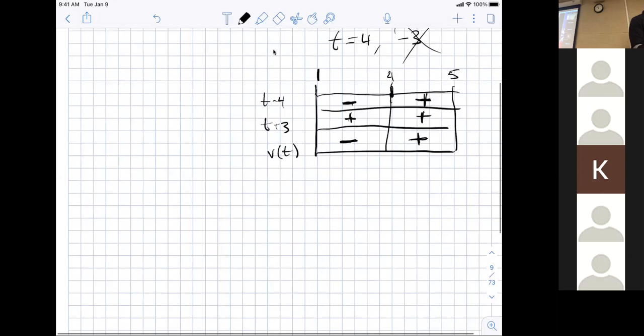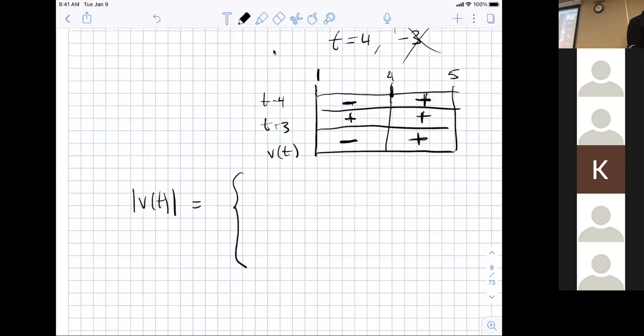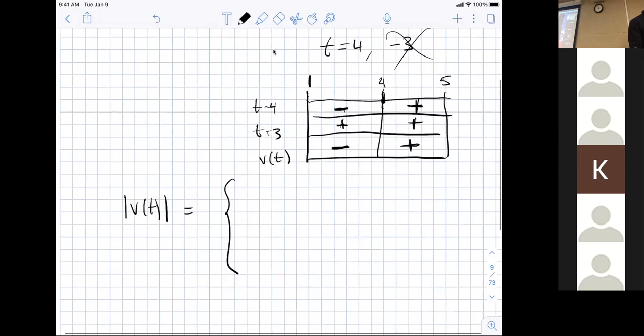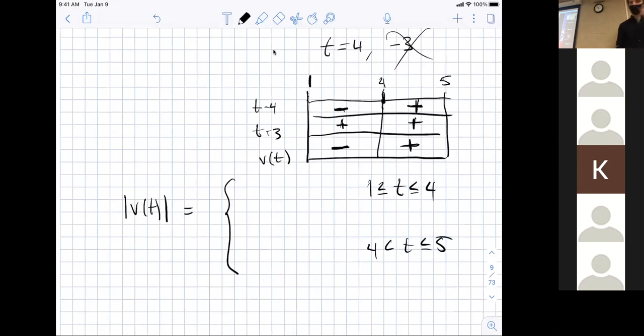So then the absolute value of v of t is equal to something when t is between 1 and 4, and something else when t is between 4 and 5.